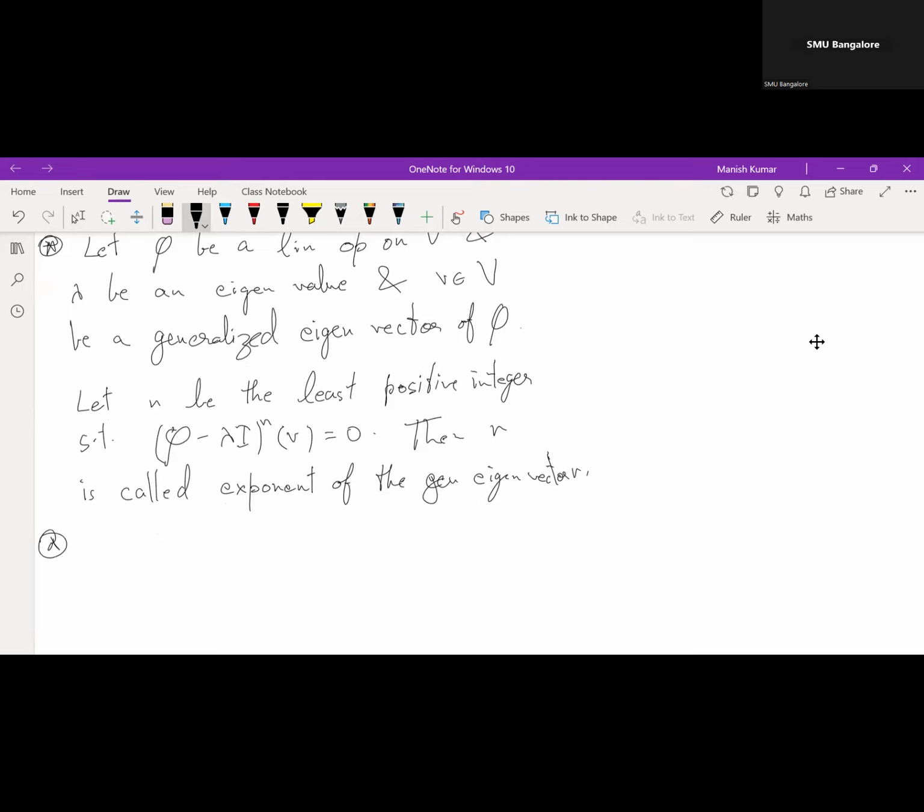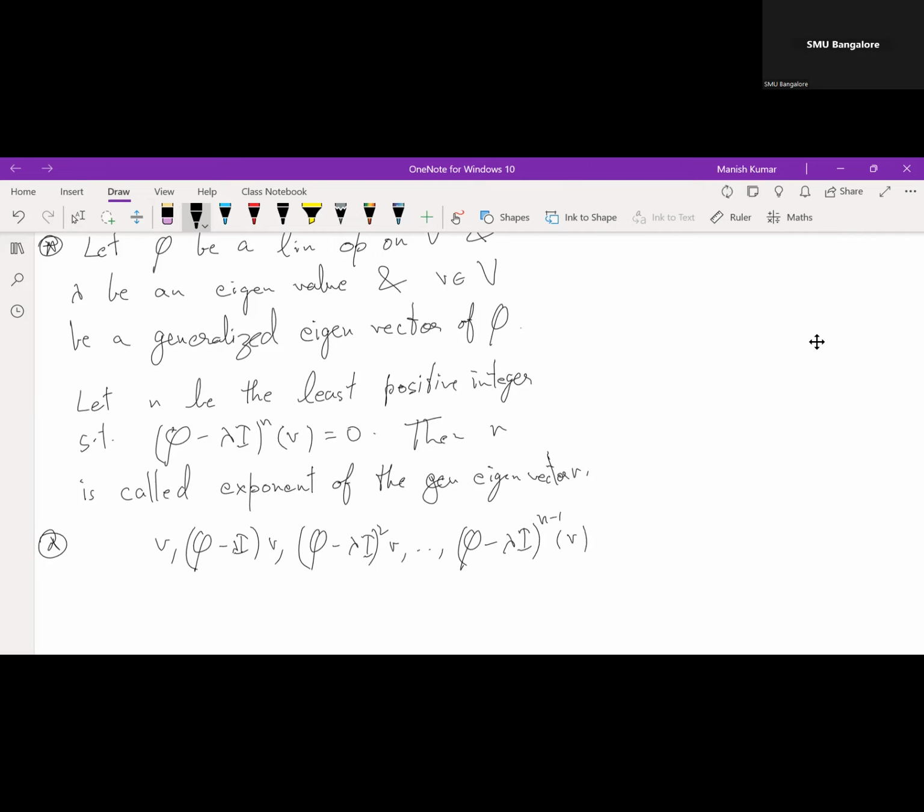Now the result I'm trying to say is that you look at v, (phi minus lambda I) v, (phi minus lambda I) squared v, and so on up to (phi minus lambda I)^(n-1) v, which is non-zero.